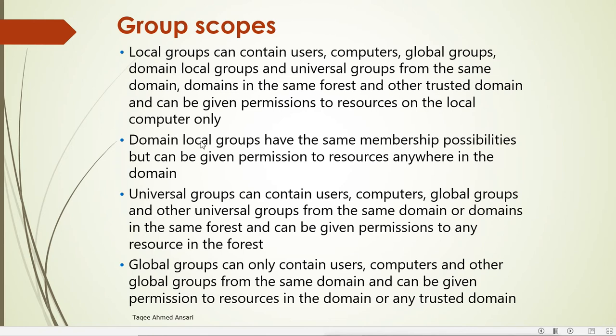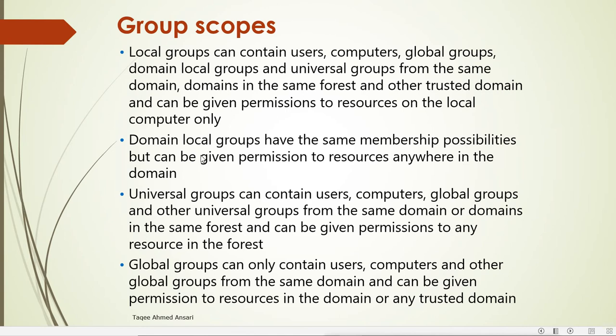Then we have domain local groups. These domain local groups have the same membership possibilities but can be given permission to resources anywhere in the domain. That means it can have the same members: users and computers from the same domain, and also global groups, domain local groups, and universal groups. They can all be members of this domain local group from the same domain.